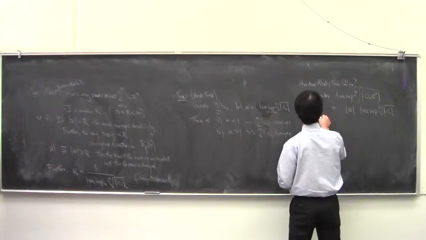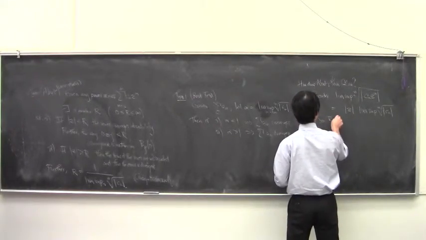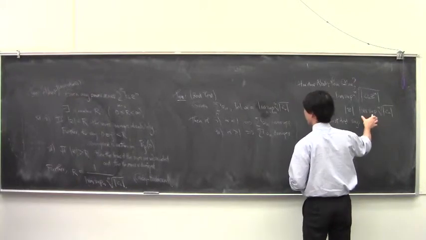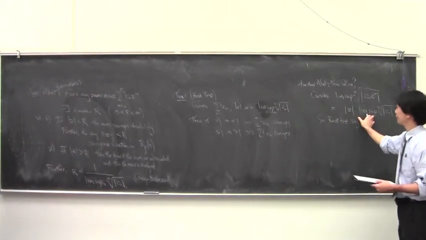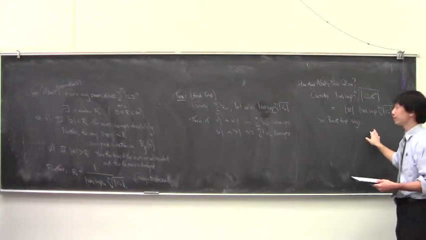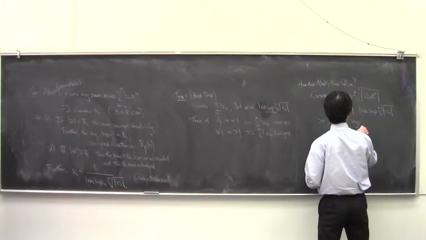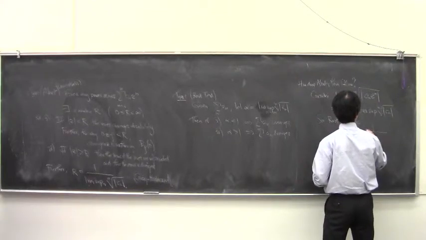So the root test says that as long as this is smaller than 1, you have convergence, and if this is greater than 1, you have divergence, right?